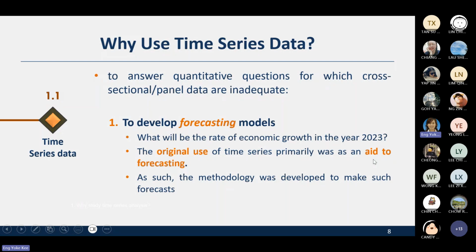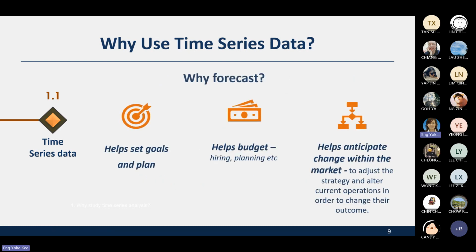This is why time series data analysis started to become popular: people use time series data for forecasting patterns. So why do we want to forecast? Very simple, because we want to set our goals. We want to do our budget, for example, the annual budget.